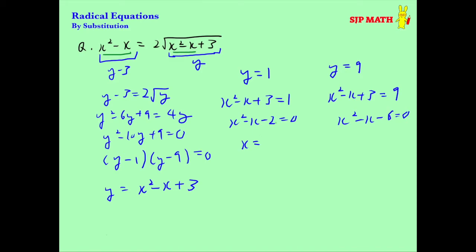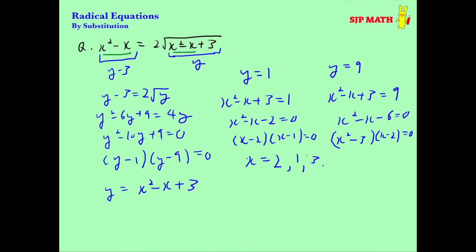This will be x minus 2 times x plus 1 is equal to 0, and x minus 3 times x plus 2 is equal to 0. So the solutions are x equals 2, x equals 3, and so on, and that's it. So that is the solution.